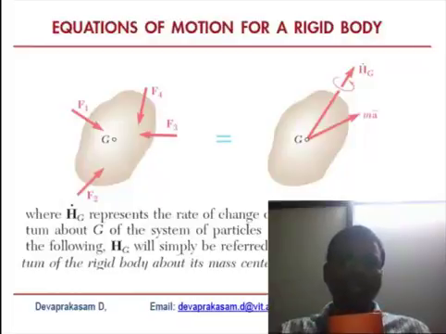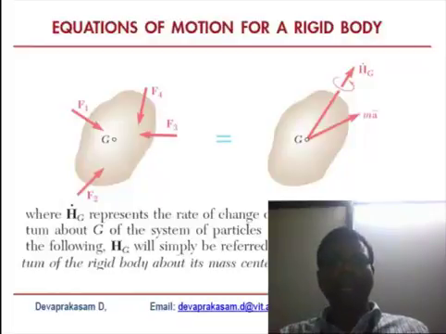If various forces act on it, what would happen? The body will be translated as well as rotated, depending on how these forces can be resolved. In the rigid body, G is the center of mass, and F1, F2, F3 are acting in a plane.